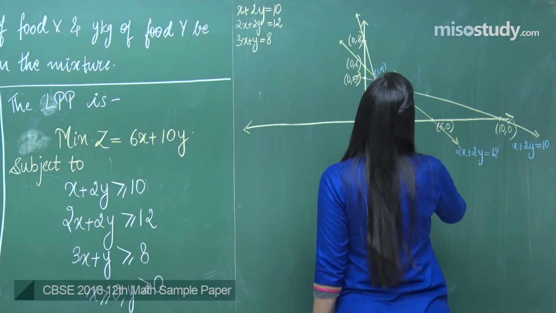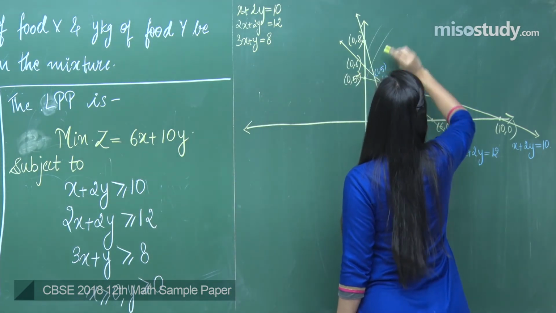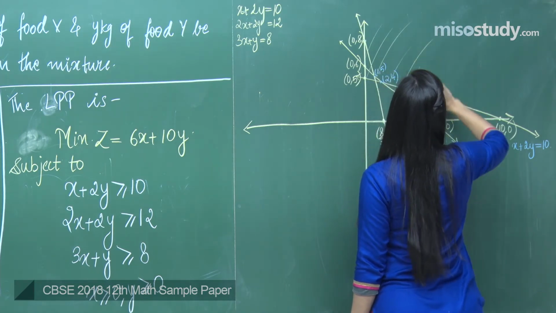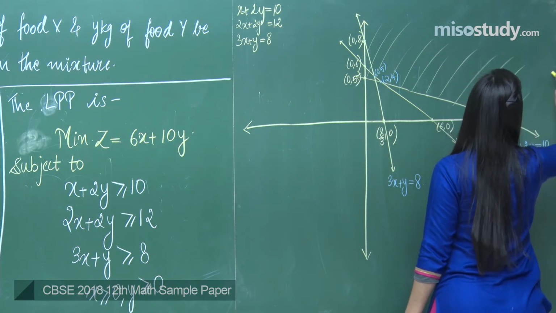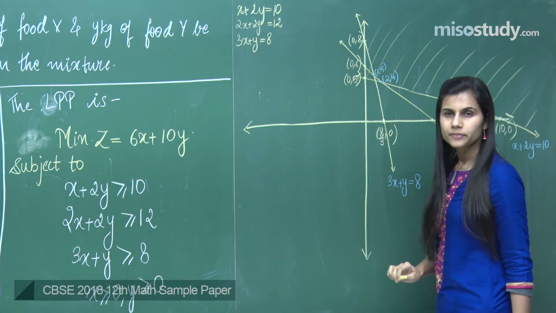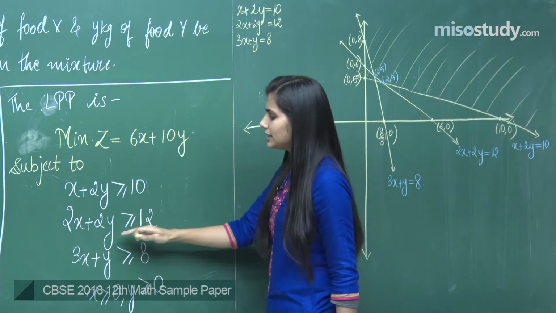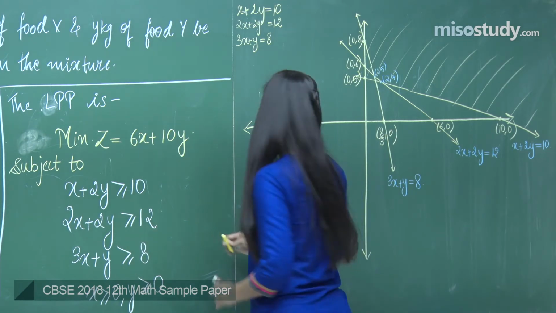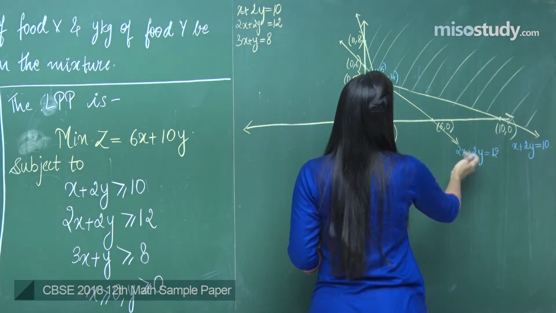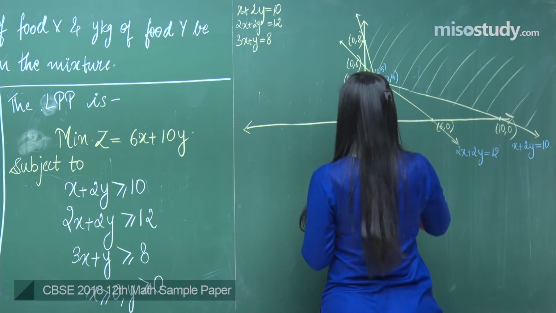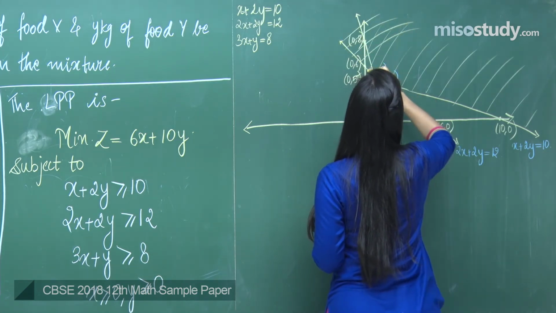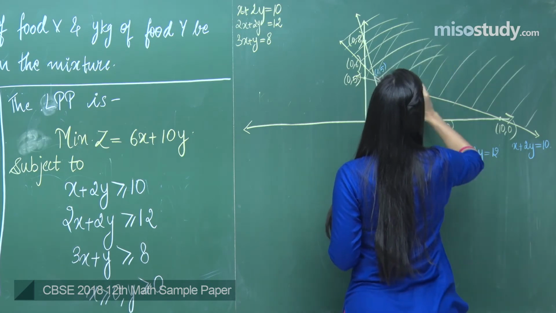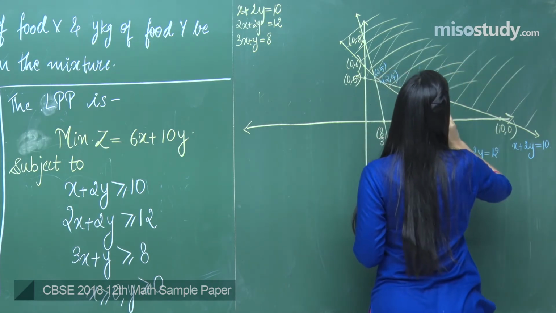That means my feasible region is this one. The second constraint said this has to be greater than equal to 12. So this is what my line is. Greater than equal to this means this region.